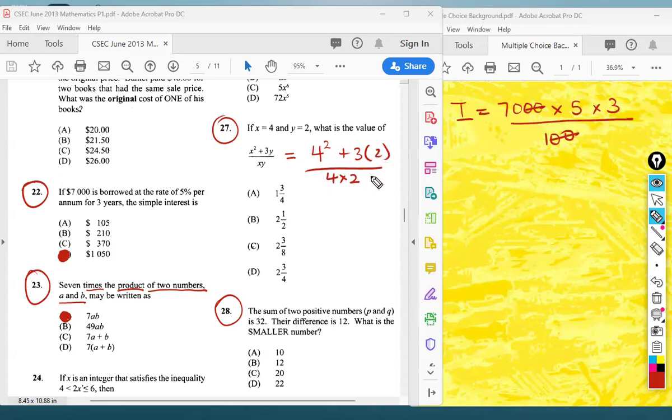Work out the top, work out the underneath, divide. 4 squared is 16. 3 by 2 is 6. 16 plus 6, for some reason, I cannot add that in my head, but you'll get 22 and 8 underneath. They obviously want you to simplify this. Divide the top and underneath by 2. You're going to get 11 divided by 4. 11 divided by 4 is 2 3/4.